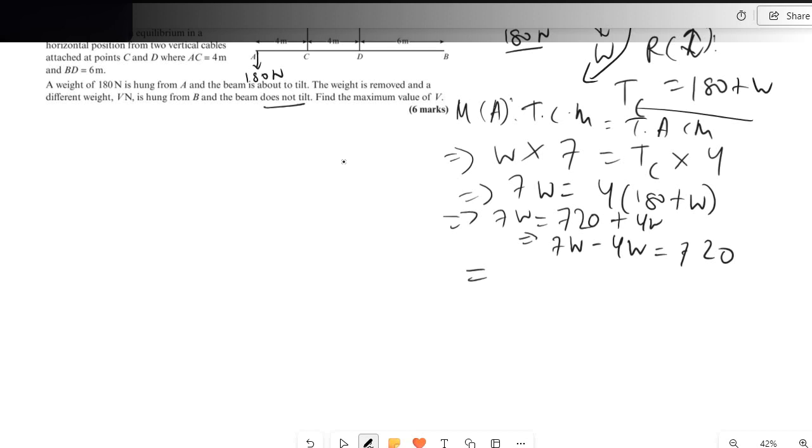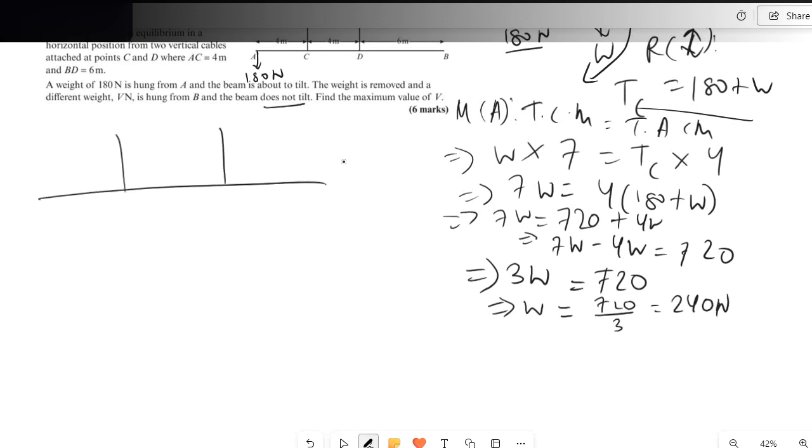Therefore 3W is equal to 720, and so W is equal to 720 divided by 3, which is 240 newtons.